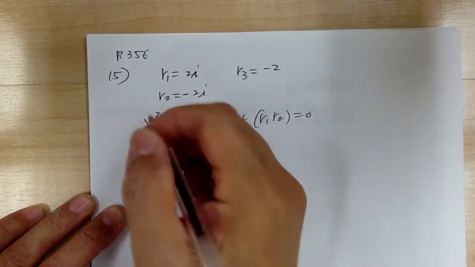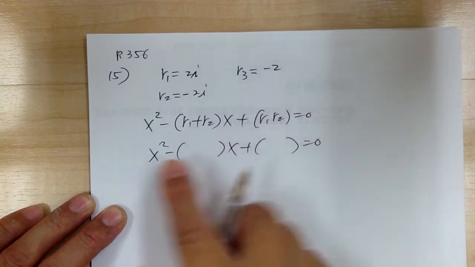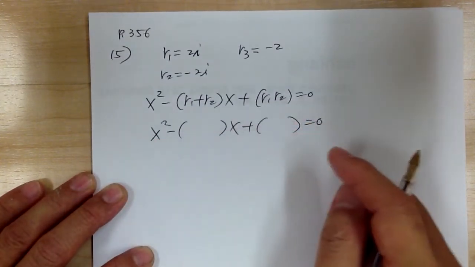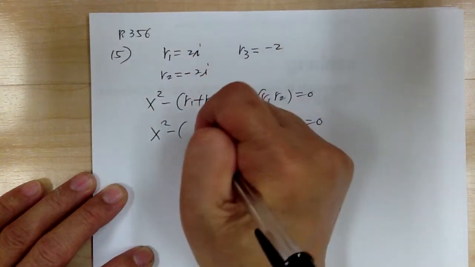So I get x squared minus, again, get your template ready before you start to fill in the blanks. R1 plus R2 cancel out, so it's 0.